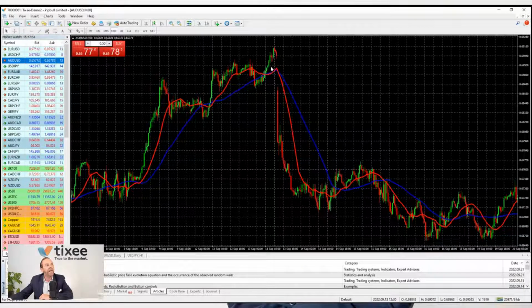And then here the 20 passes below the 50, we have a downtrend. Again, the 20 passes above the 50, indicating an uptrend, and indeed we have a mini uptrend. Then the 20 passes below the 50, again indicating a downtrend. Again, it moves above the 50, uptrend, and then crashes below the 50, indicating a downtrend.